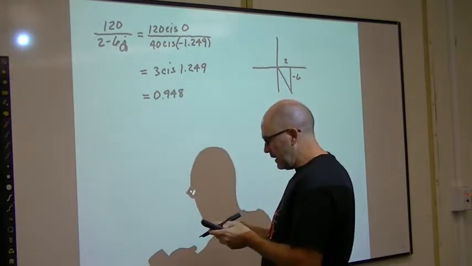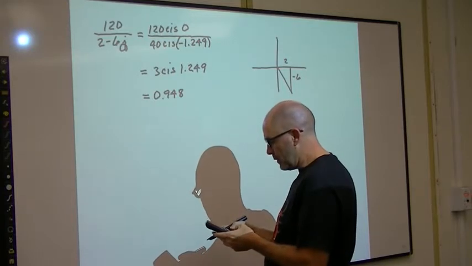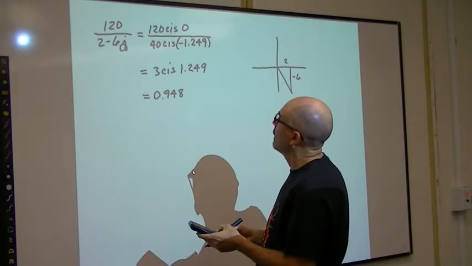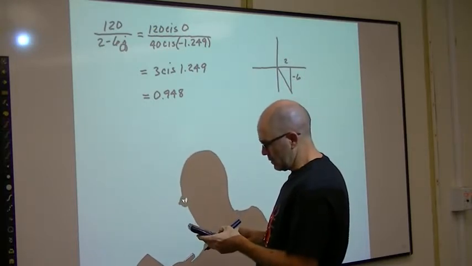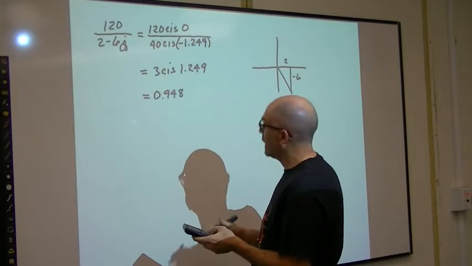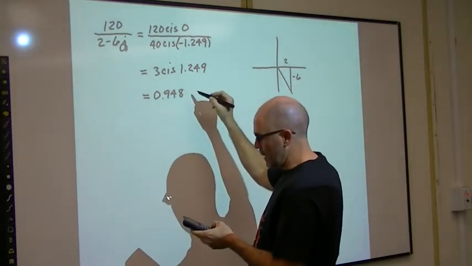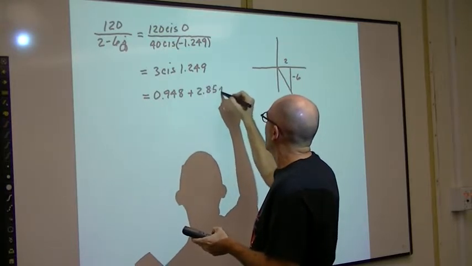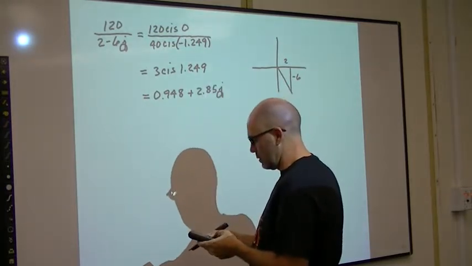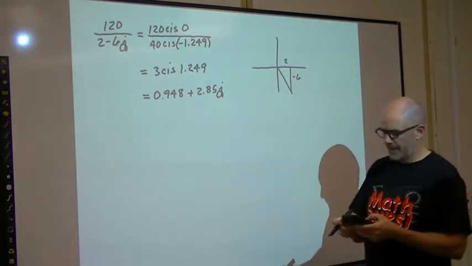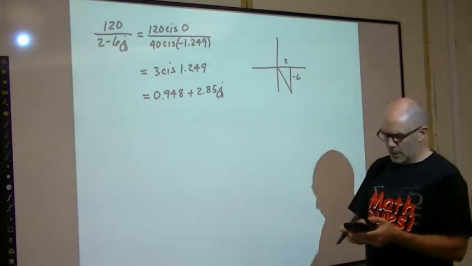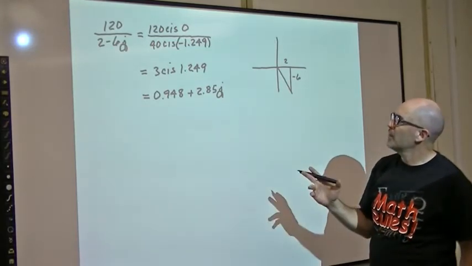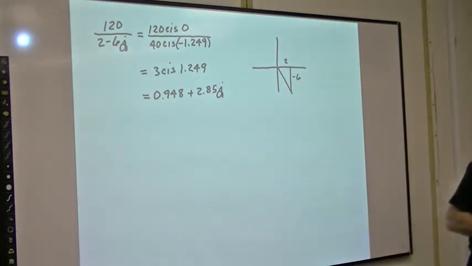Then I hit sine of that angle and multiply that by 3, and I get 2.85. So something has gone awry here, because it should have been the same thing as what we had before.